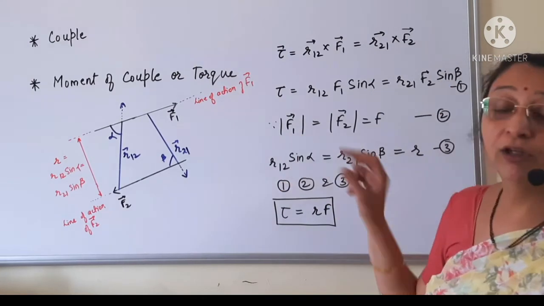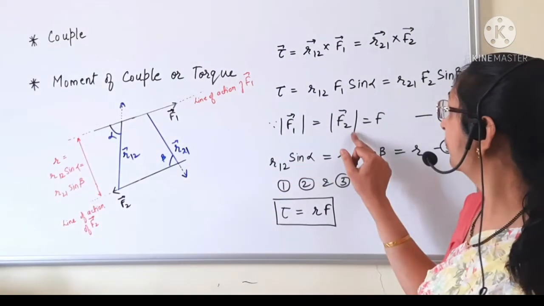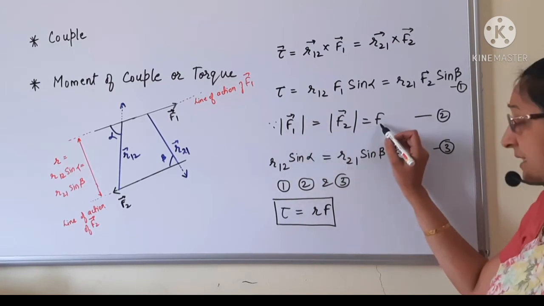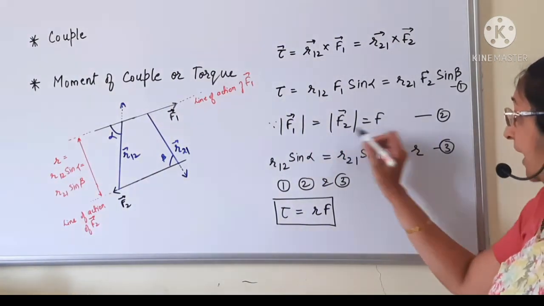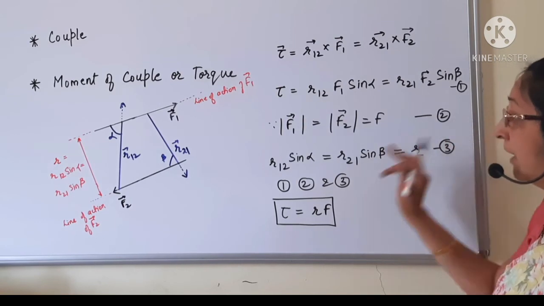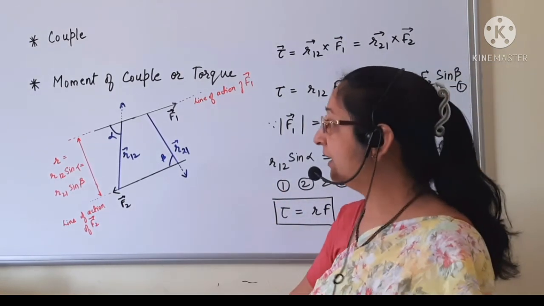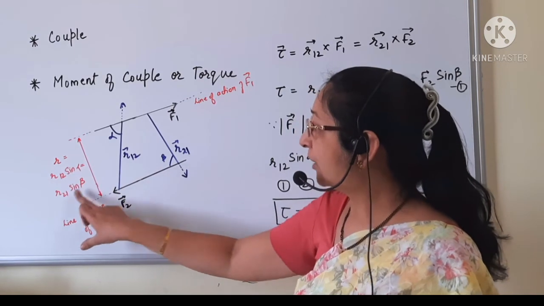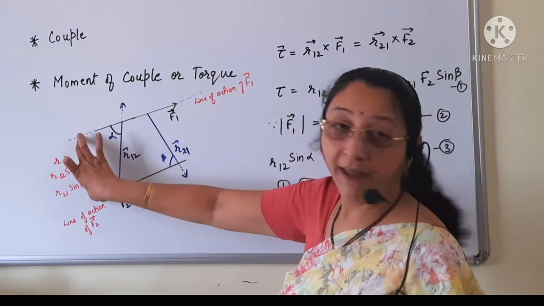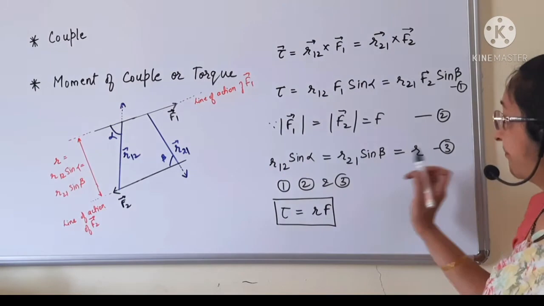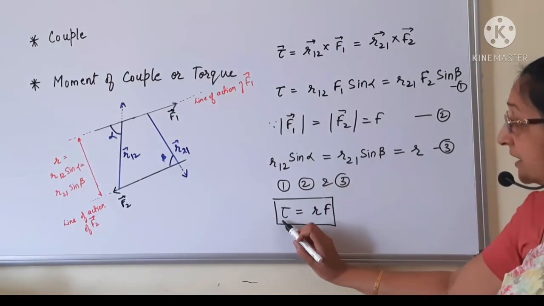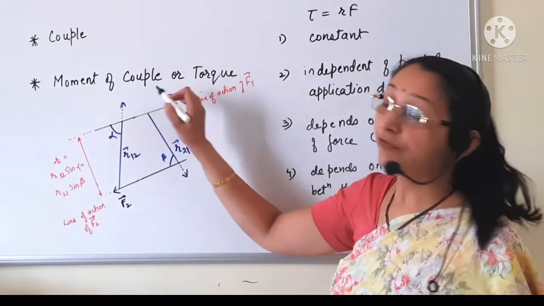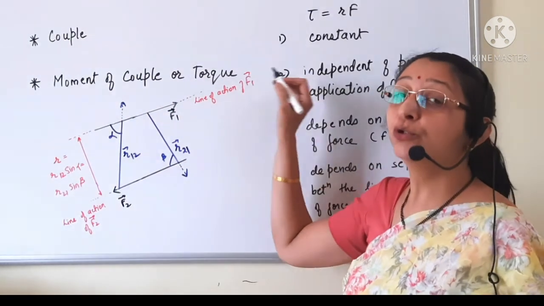Let this be equation 1. If the two forces are the same, then both are F. Let this be equation 2. According to the geometry, r12 sine alpha and r21 sine beta is r, that is this distance. So from 1, 2 and 3 we get tau, that is torque, is r into F, the moment of the couple or torque due to a couple.